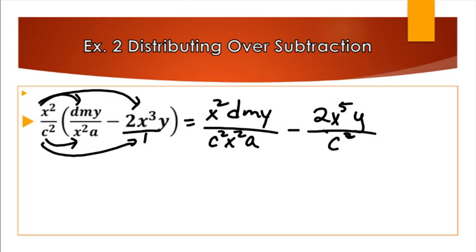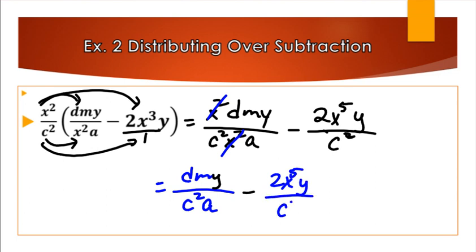And I can simplify the x squareds, they cancel each other out. Nothing else. So right now I have an answer of dmy over c a minus 2x to the 5th y over c squared. And then our variables in the denominator, c, x, a, all cannot equal 0.